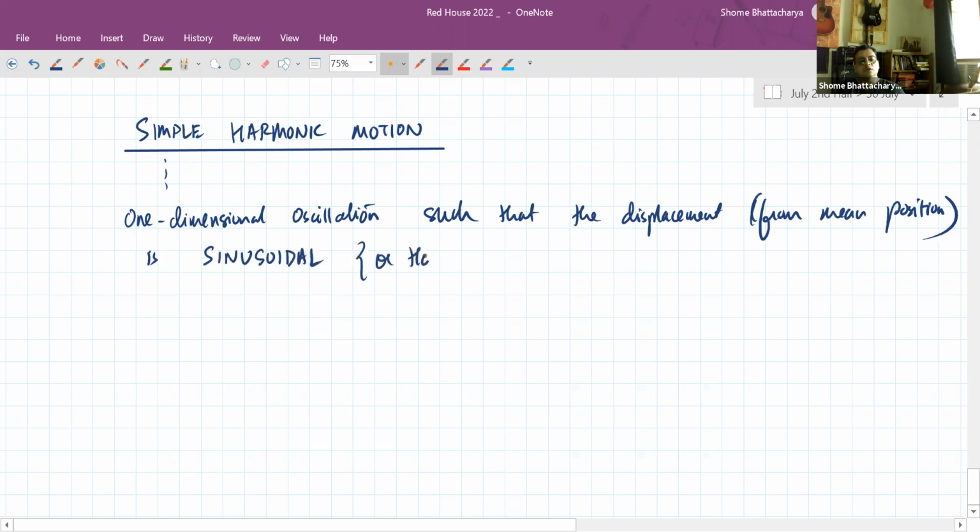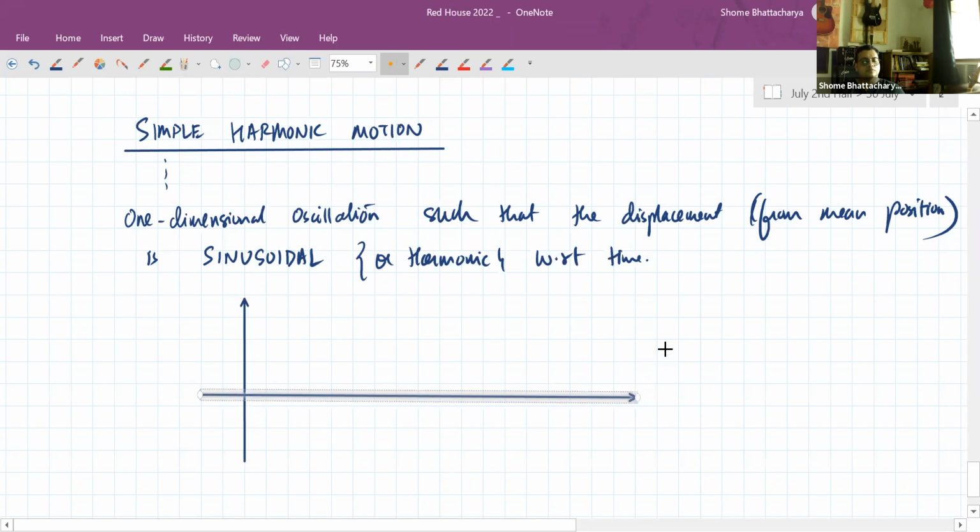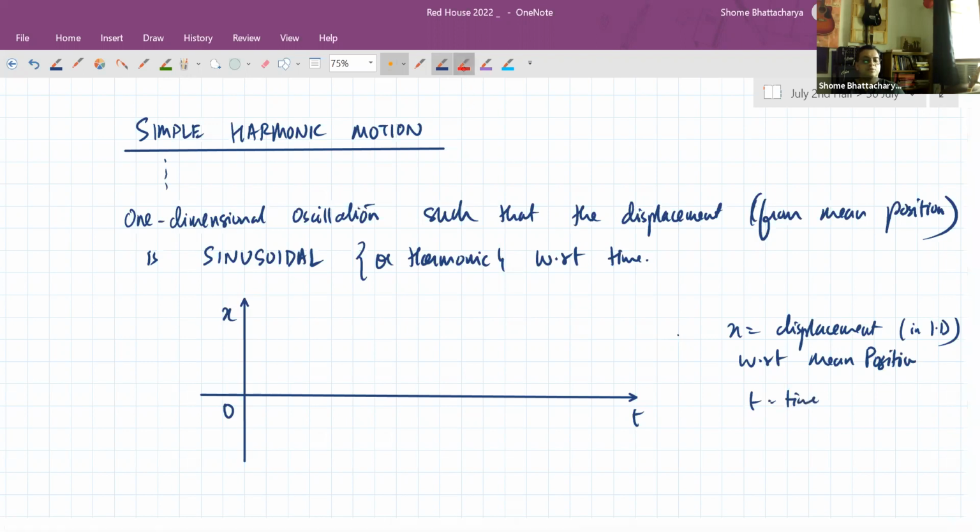Another word for it is harmonic. A harmonic function means a sine function. So it is sinusoidal with respect to time. What this literally means is that if we draw a graph of displacement from the mean position as a function of time, let's say x is equal to the displacement in one dimension with respect to the mean position, then the graph of x versus time should be shaped like a sine curve.